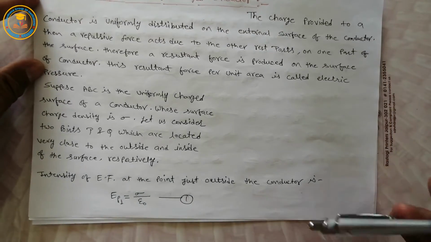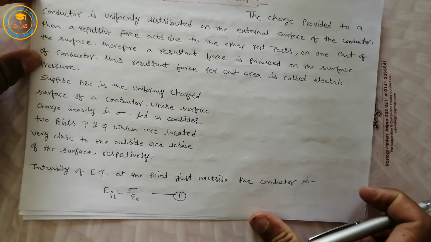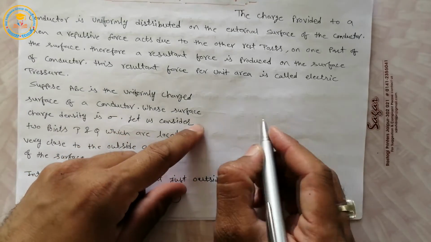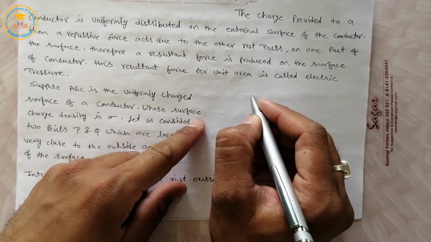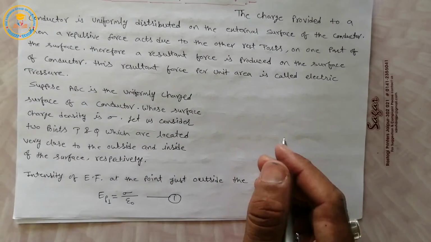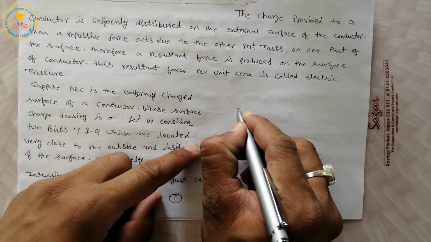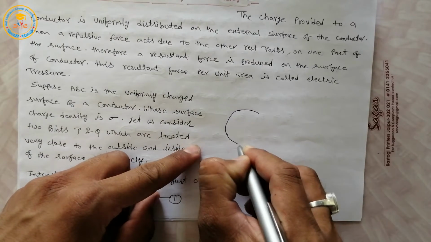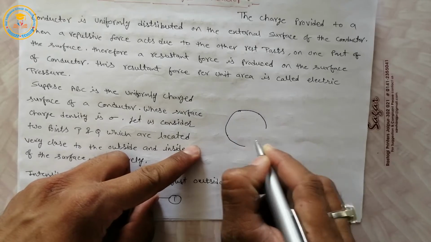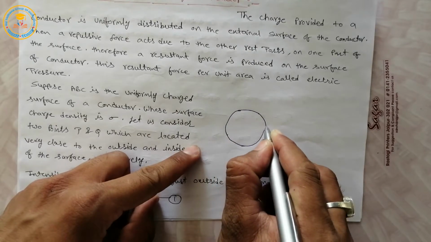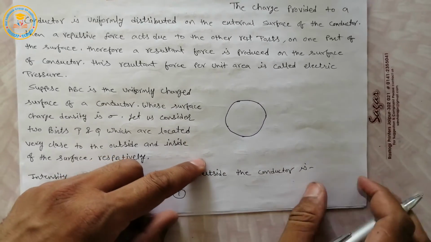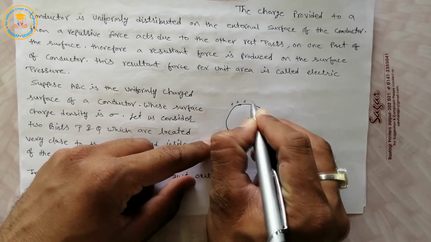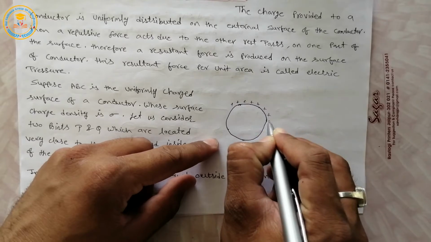For this, let us consider ABC is the uniformly charged surface. Suppose this is a uniformly charged spherical surface, it means a sphere, uniformly charged by plus Q charge.